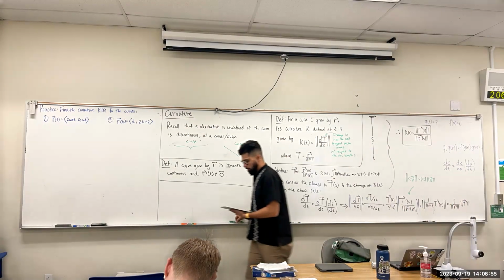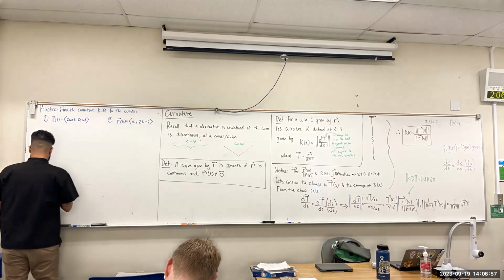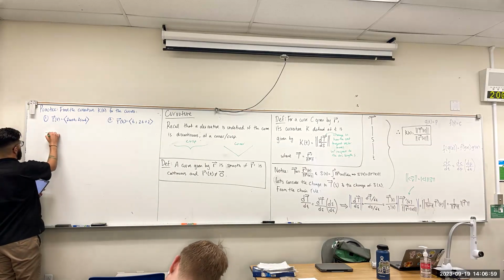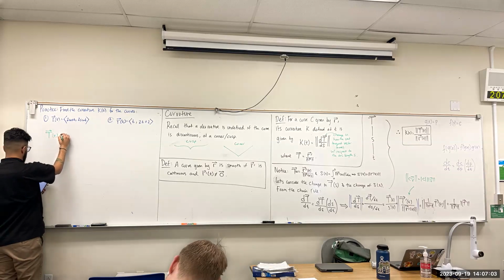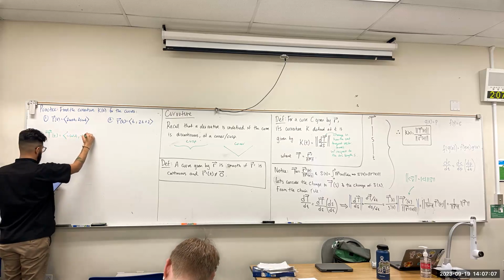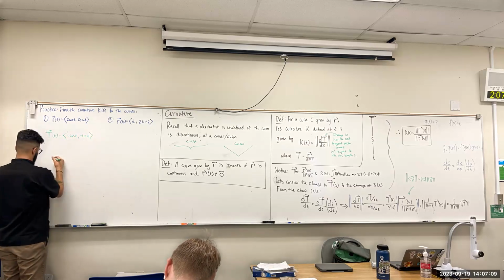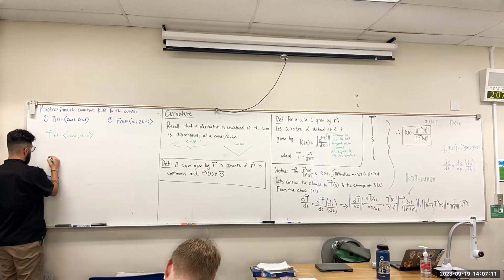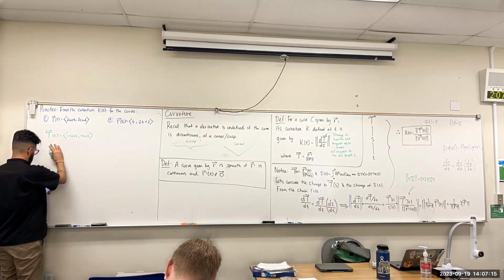I'm just gonna write some of the stuff here. So you should have got your T to be negative cosine T, negative sine T. One over it.